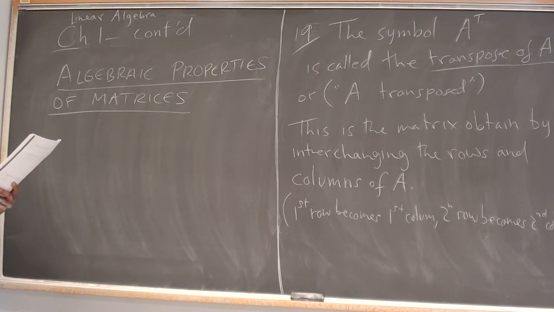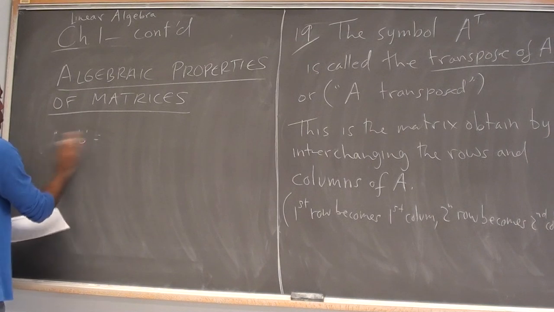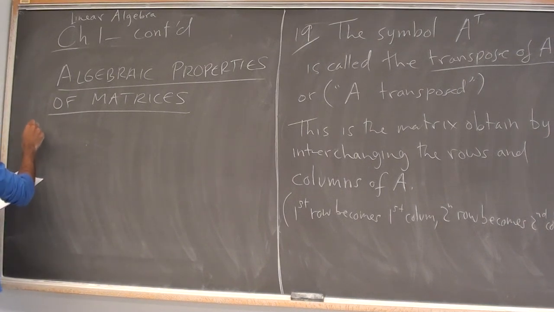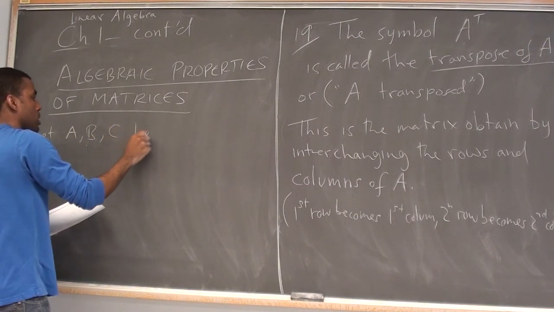This is basically going to tell you some of the properties that should be familiar to you. For example, A plus B is equal, for instance, with matrices A, B, C, D.